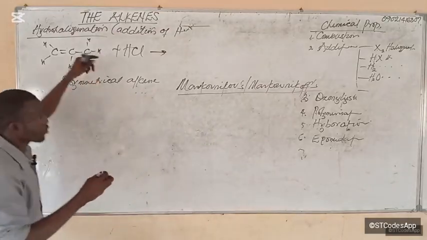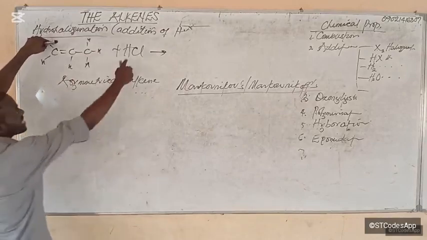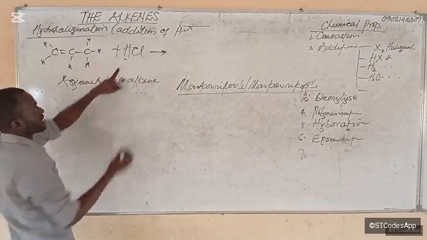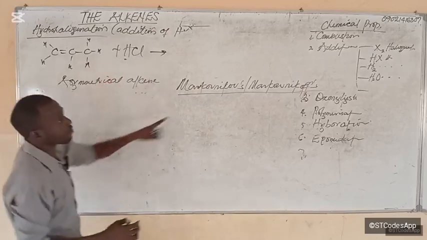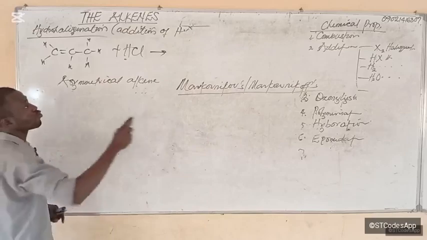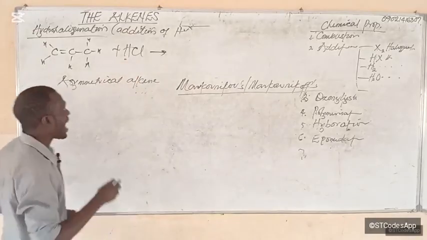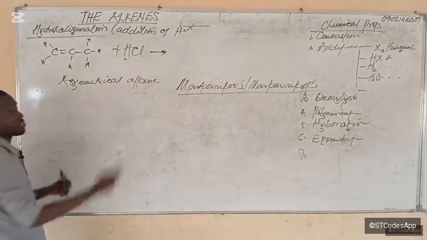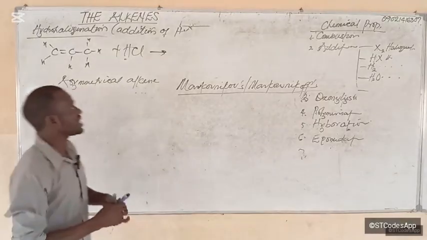So what do we have here? There are two products that can be formed from this reaction. Either we have this, you know, this group is smaller than this group, right? This is the bulky group here. So Markovnikov now said that you should add the bulkier group to the most substituted carbon. Add the bulky group to the most substituted. So let me use another language.